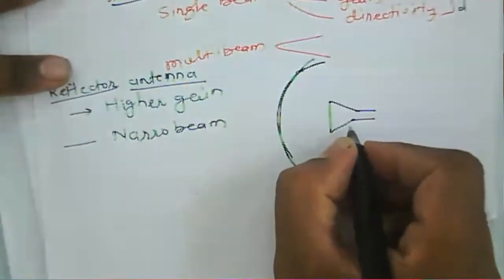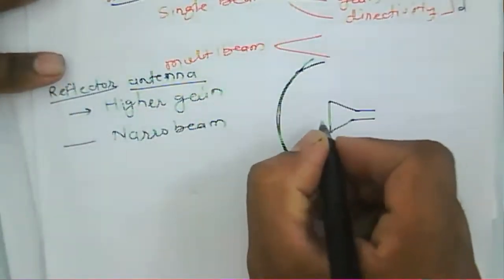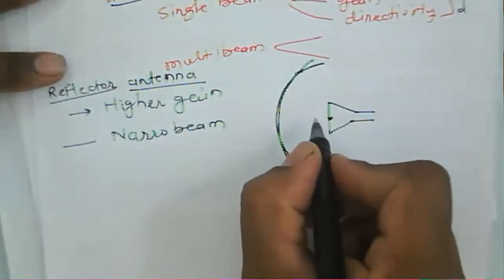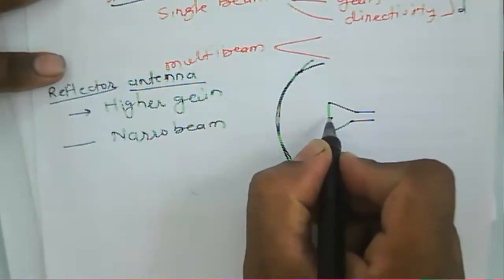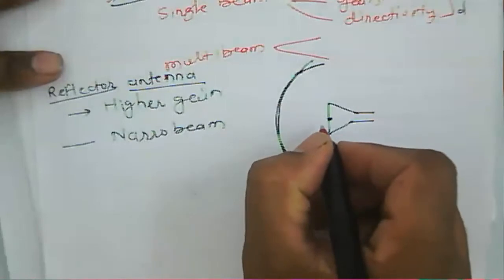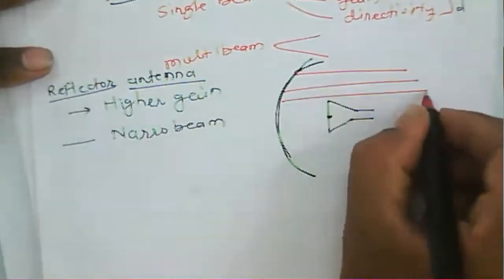The horn is placed at the center, or focus point, so that incoming rays are focused at this particular point, or outgoing rays come from this focus point, so that the antenna can work for transmitting or receiving.